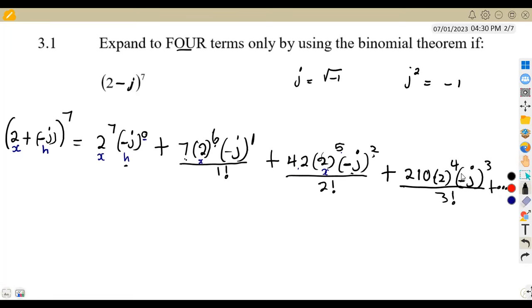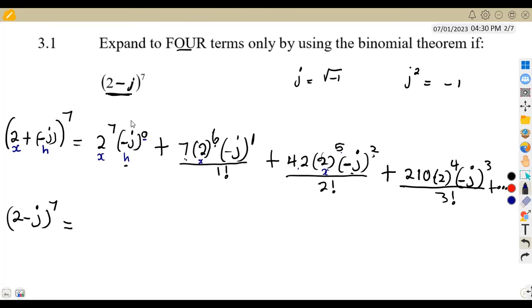All right, so from there we can simplify. Remember, this was just written so that we can expand properly, but this part of 2 plus minus j simply means 2 minus j. So we are just going to write it as it was before. 2 minus j to the exponent of 7 is equal to, let us simplify further. Remember here, guys, any number to the power of 0 is 1.